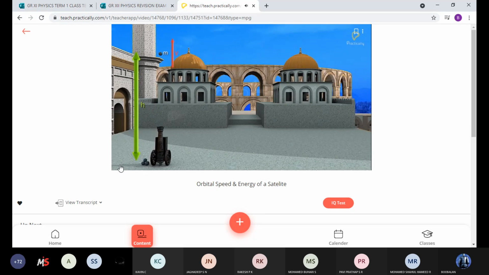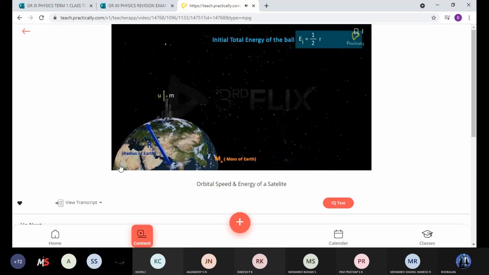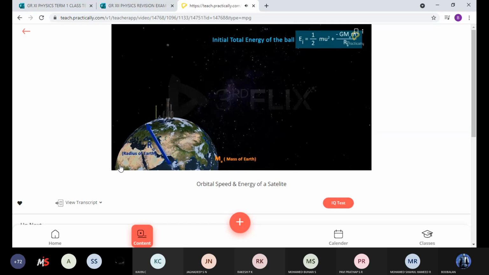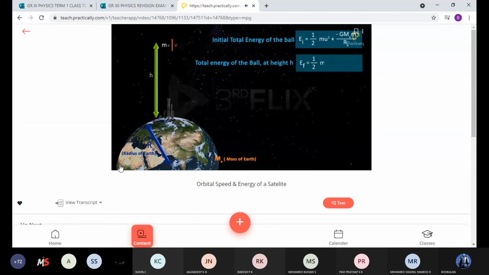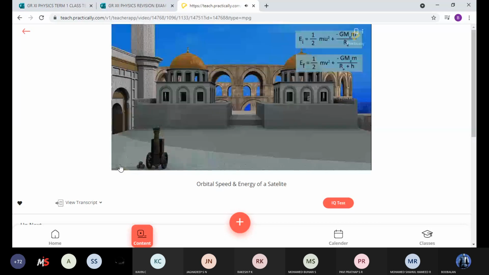The initial total energy of the object when it is on the Earth's surface is equal to the sum of its initial kinetic energy and potential energy. And when it is at a height h, the total energy of the object is equal to 1 by 2 mv square plus minus G Me m by (Re plus h).